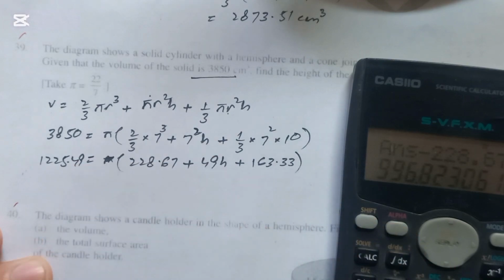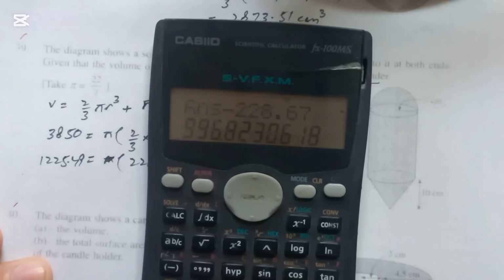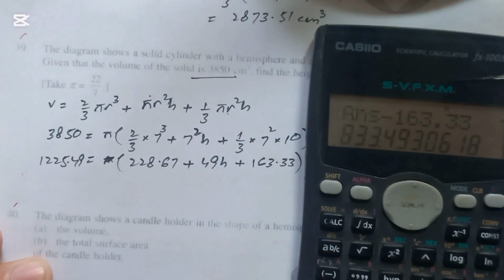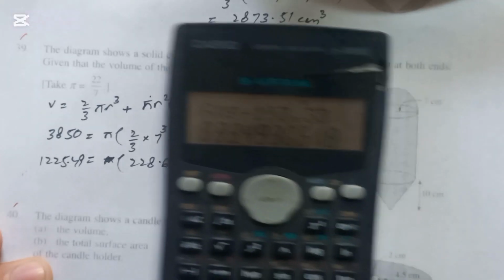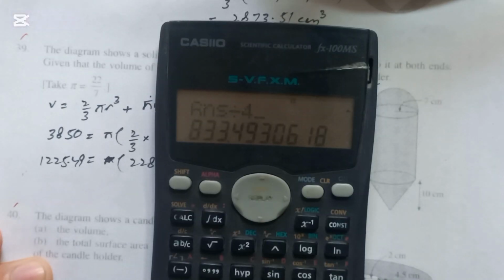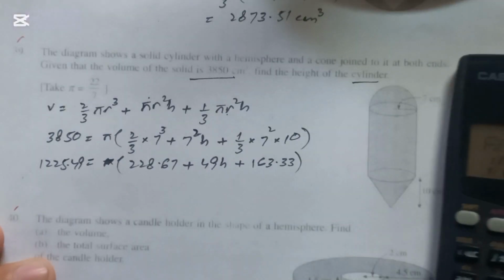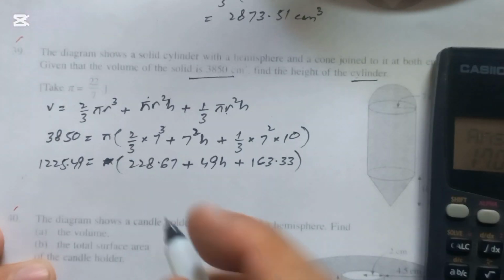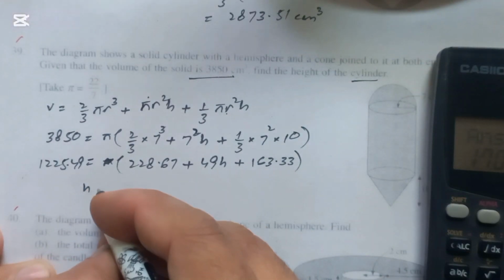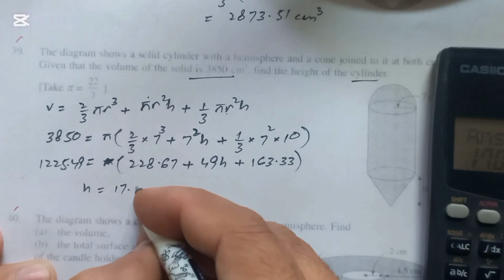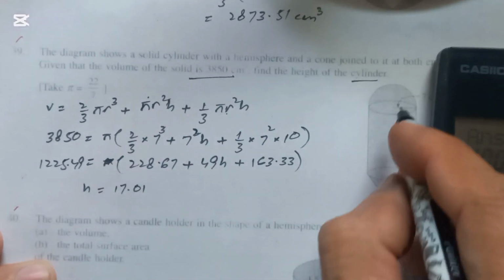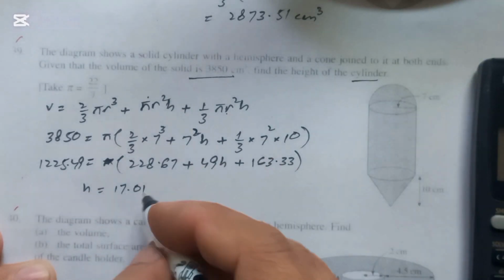This value will also be subtracted from this, 163.33, and this 49 will be divided by the answer, divided by 49. So answer is 17.01. This is the value of the h. Unit will be centimeter.